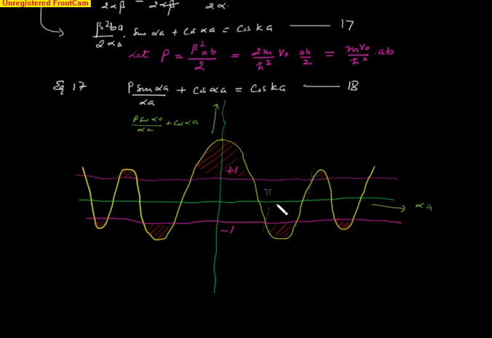The value of alpha A is pi at this point, and the value of alpha A is 2 pi at this point. This is 2 pi. And similarly here, the first intersection point is this one, and therefore this point is minus pi, and here this is the second intersection point, and this is minus 2 pi. So this way the value of alpha A varies.